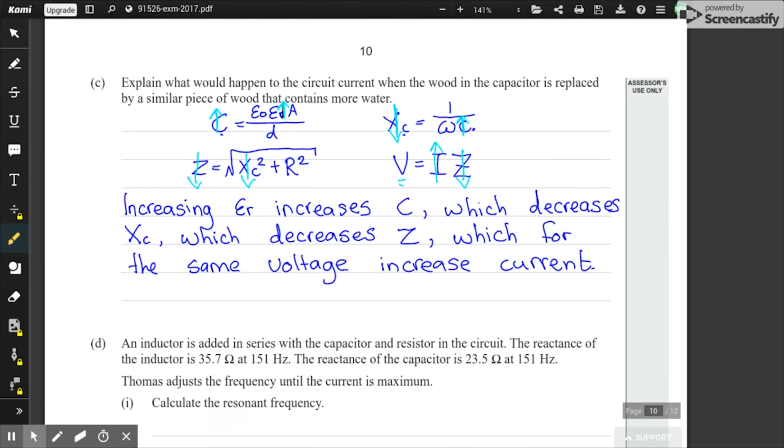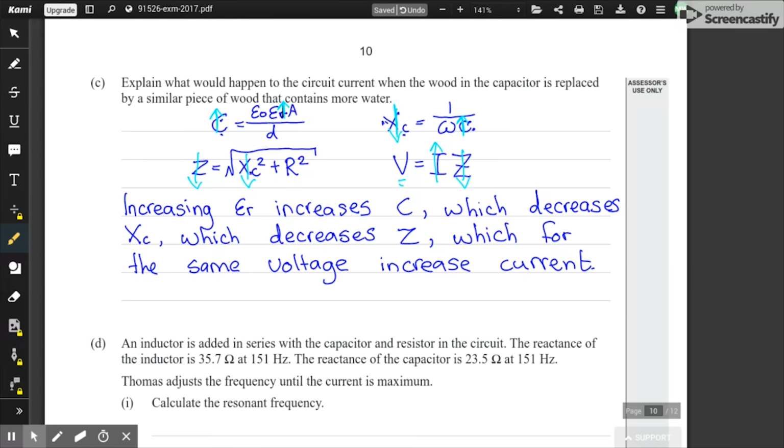Alright, unfortunately I just explained this all while I wasn't recording, so let me try that again. If we increase our relative permittivity here, via this equation, our capacitance will increase. If our capacitance increases, then via this equation, our reactance must decrease.